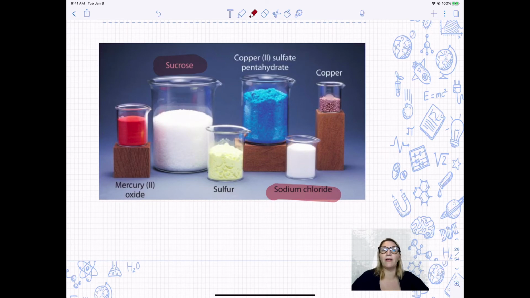That can tell you that a sucrose molecule must be bigger than sodium chloride. You wouldn't call it a molecule, we'd call it a formula unit, and it does, right? Copper(II) sulfate pentahydrate, a super cool blue looking substance, as opposed to copper. You can see copper is just a singular atom, and so a mole of copper atoms is much smaller.